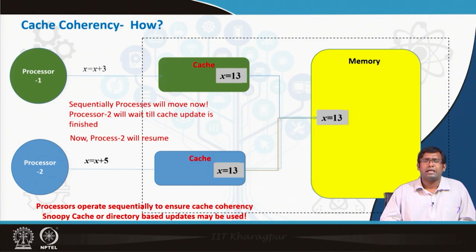So, instead of x, let us operate on an array A. So, A has say 30 elements, and the first 5 are being operated by processor 1, the next 5 are being operated by processor 2. Processor 1 changes something in the fourth variable of A.